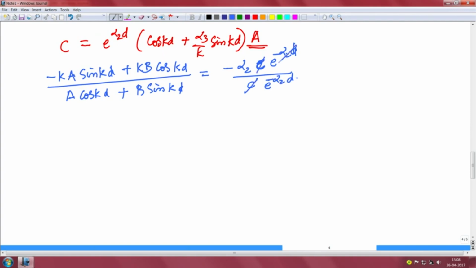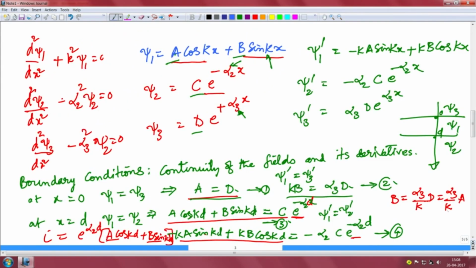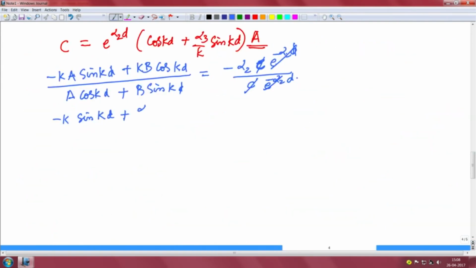So, we can cancel out all the common factors and only alpha 2 remains here, and we also replace b with its value in terms of a. We get minus k sin kd plus, b is alpha 3 by k into a, so alpha 3 cos kd, with a taken out common.